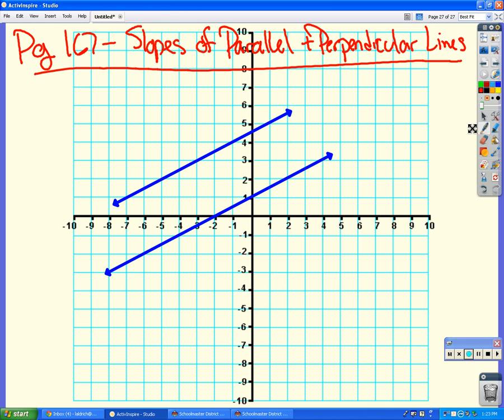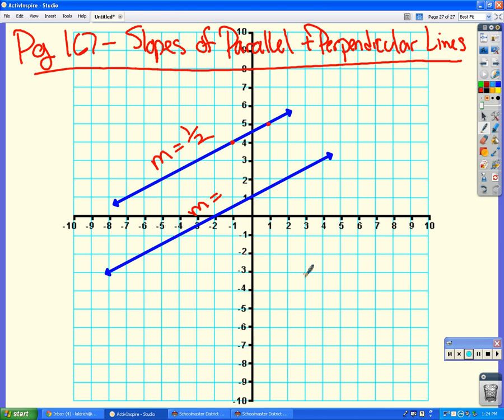So on the board right there I have two parallel lines. What is the slope of this top line right there? 1 over 2. If I pick a couple of good points on there, to get from this one to that one I have to go up 1 and over 2. What is the slope of this parallel line below it?